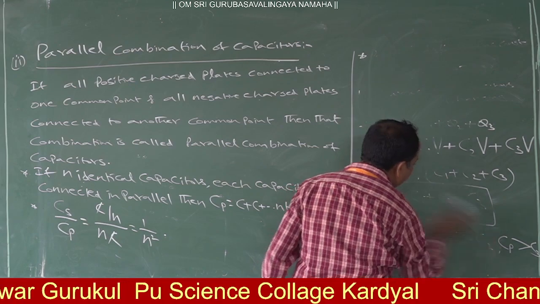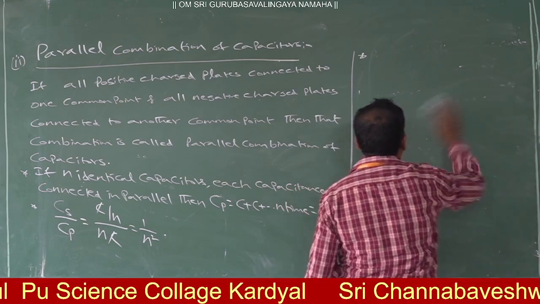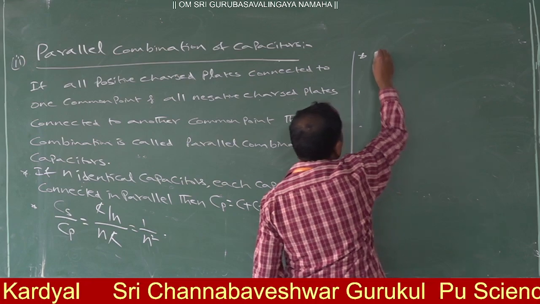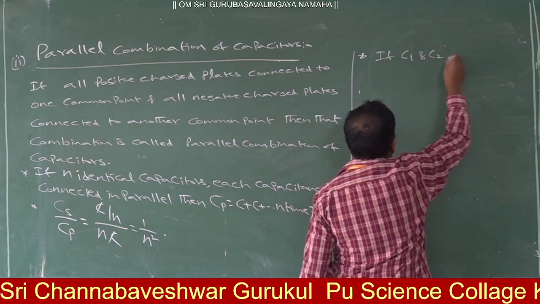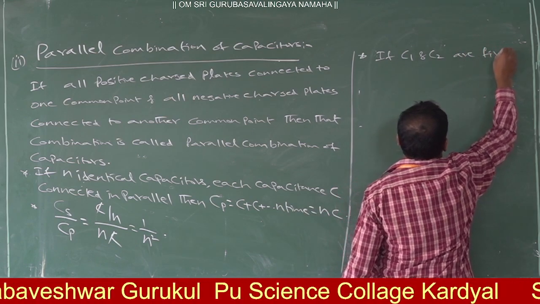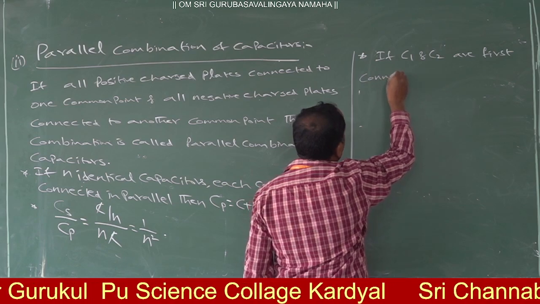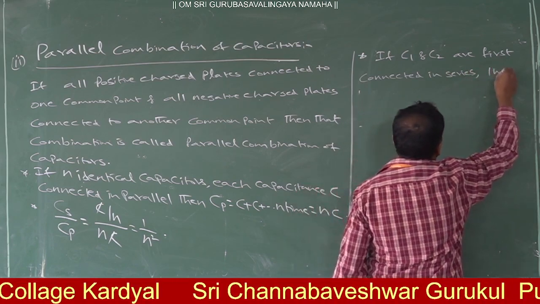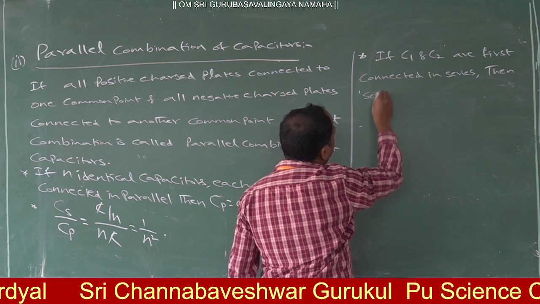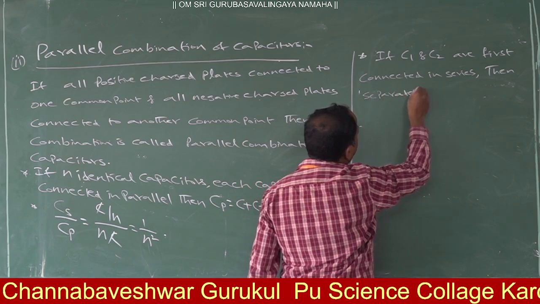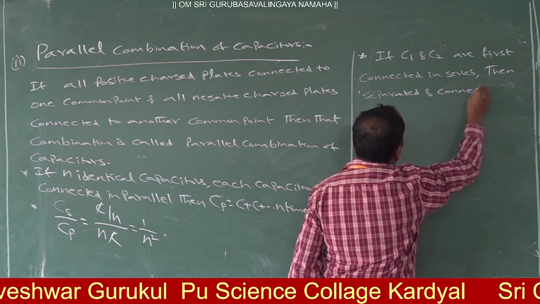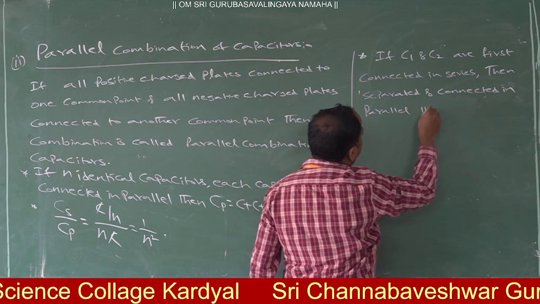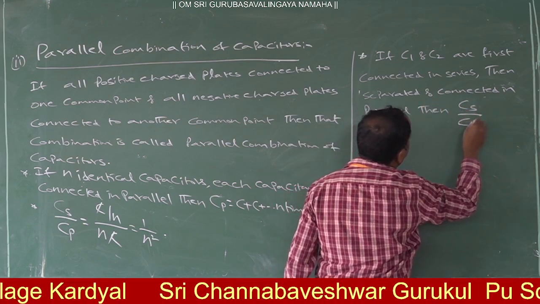Now I will give another one, try to tell. If C1 and C2 are first connected in series, then separated and connected in parallel, then Cs by Cp is equal to how much?